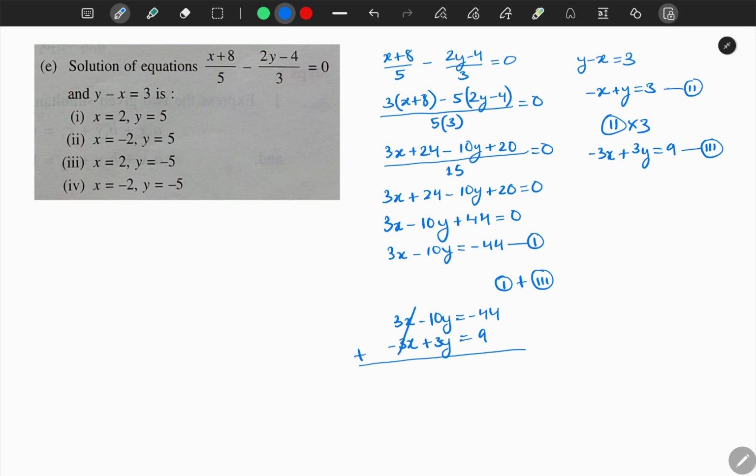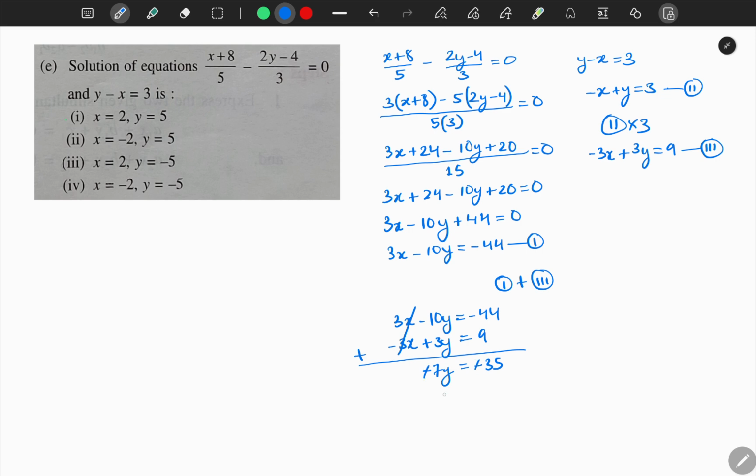Plus 3x minus 3x cancel each other, minus 10y plus 3y will give me minus 7y equals to minus 44 plus 9. Minus 44 plus 9 will give me minus 35.